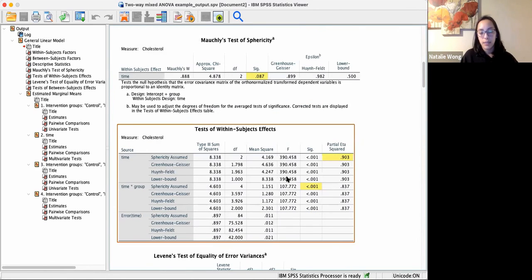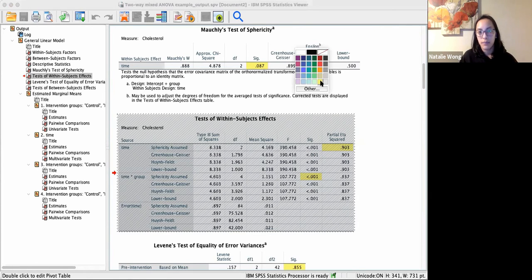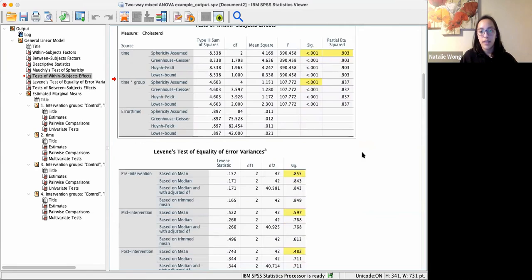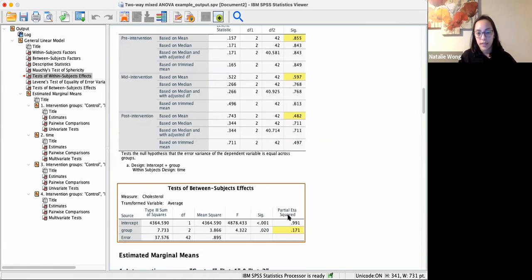And then we see our test of within subjects effects. In this table, we've got both the within subject independent variable p-value as well as the interaction effect p-value, and also the effect size for our within subject variable. Underneath that, you get Levene's test for homogeneity of variance. And then underneath that, you get your test of between subjects effects ANOVA table.